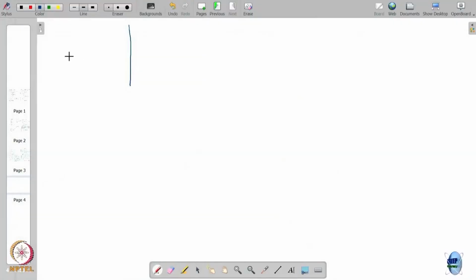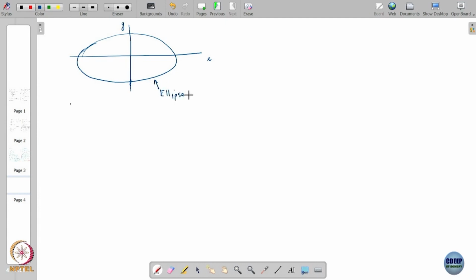So the problem is the following: suppose you are in 2 dimensions, you have your x axis, you have your y axis, and suppose we have this thing here. This is an ellipse. It's given by this equation.